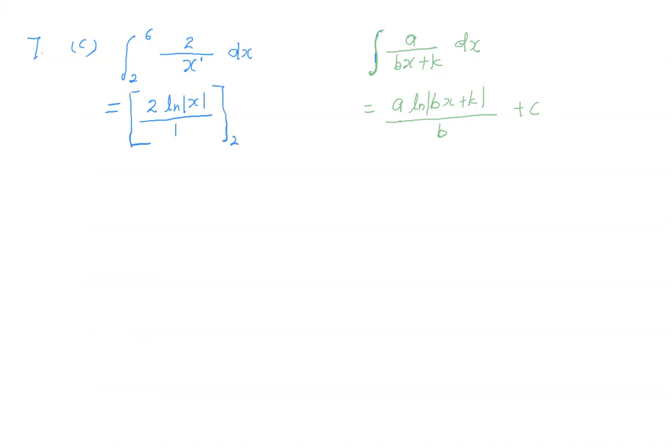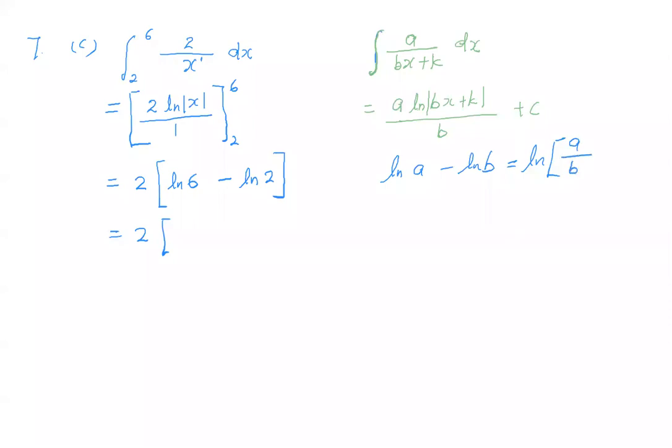2, 6. Okay, so you can put the 2 outside if you want to. Substitute with 6, take away, substitute with 2. So you get 2, and we know that for ln we can combine to become a single ln.